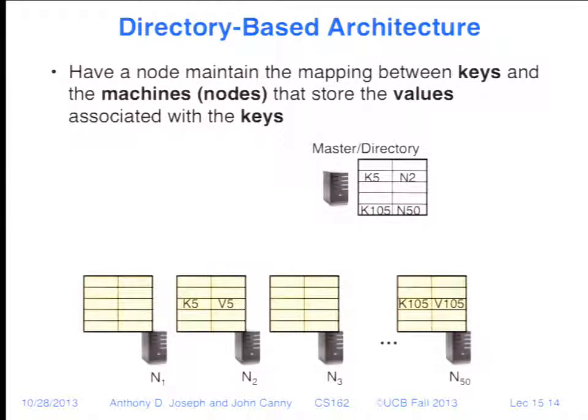Nodes can directly query that master node. They only need the address of the master. They can send a request to the master to save something. The master, let's say, already has some information about what's in the distributed store right now. So it's got a couple of elements, and you can see that it's storing the key and then a machine number. And then the value itself is on that machine number indexed by the key.